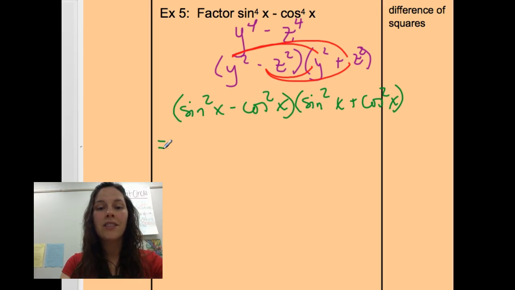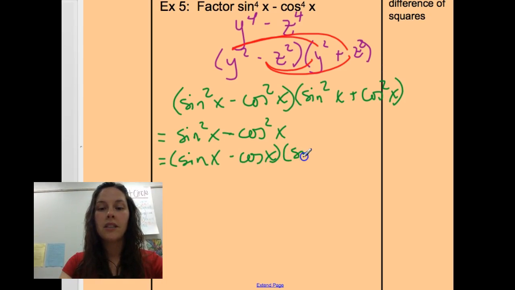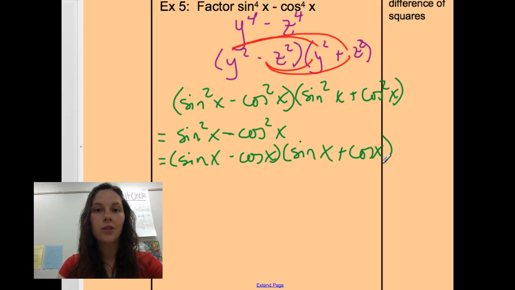So really we have sine squared minus cosine squared, which is another difference of squares. So I can keep factoring. This becomes sine of x minus cosine times, same thing but opposite signs. Now it might not seem like we are simplifying our expression, but remember the purpose of factoring is to solve equations. So we will be getting to solving trig equations, but first we have to learn how to factor them.